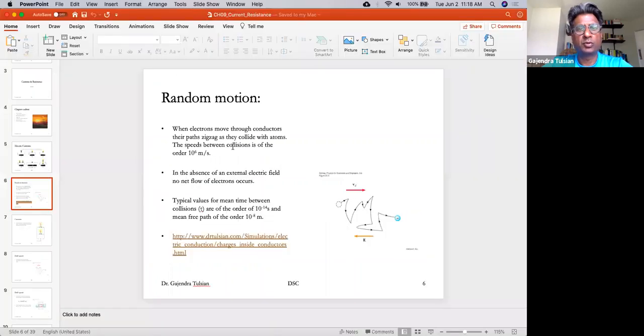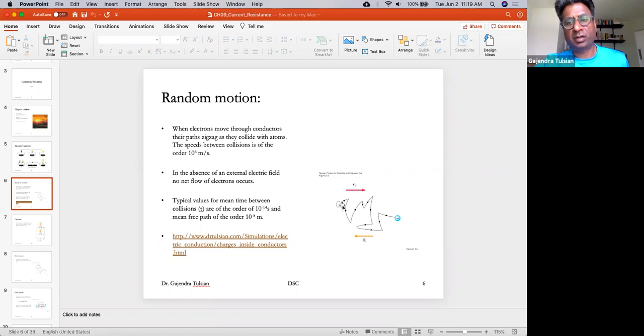So when electrons move through conductors, the path zigzags, and as they collide with atoms, the speed between collisions is 1,000,000 meters per second, or 1,000 kilometers a second. So in the absence of an external electric field, in the absence of a voltage source, no net flow of electrons will occur, okay? By the way, the mean time between collisions, denoted by tau, is 10 to the minus 14 seconds.